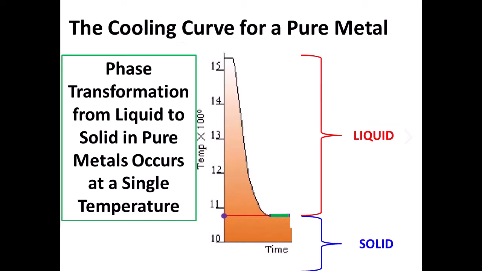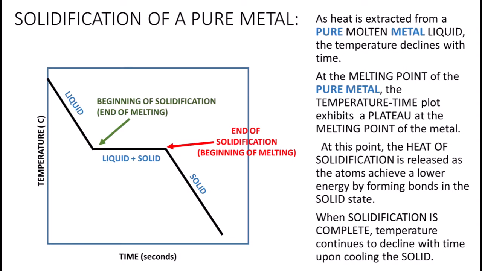If we consider the solidification of a pure metal again, as heat is extracted from the molten metal, the temperature declines with time due to cooling of the liquid. When the liquid reaches the melting point of the pure metal, the temperature time plot exhibits a plateau associated with solidification, where the heat of fusion, or the heat of solidification, needs to be released to form the bonds in the solid state.